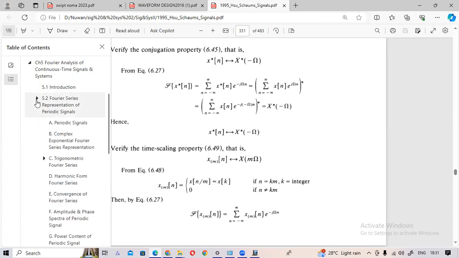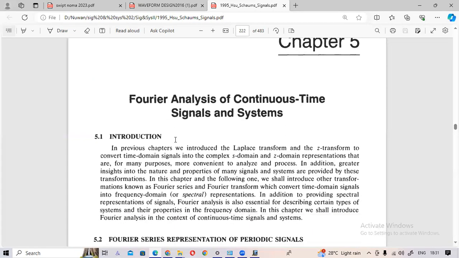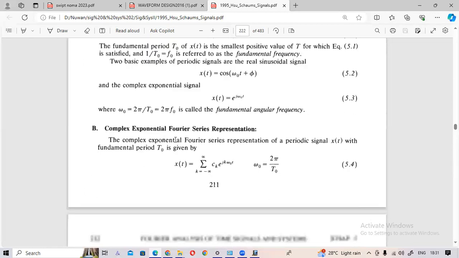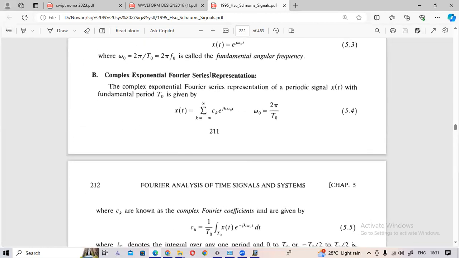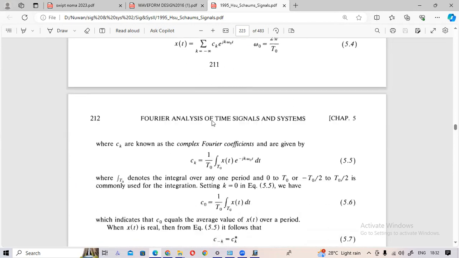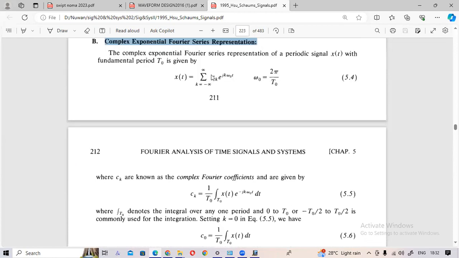So the Fourier series representation, this is the complex exponential Fourier series representation. So this is the equation, and then you can calculate this CK by this identity for this integration.